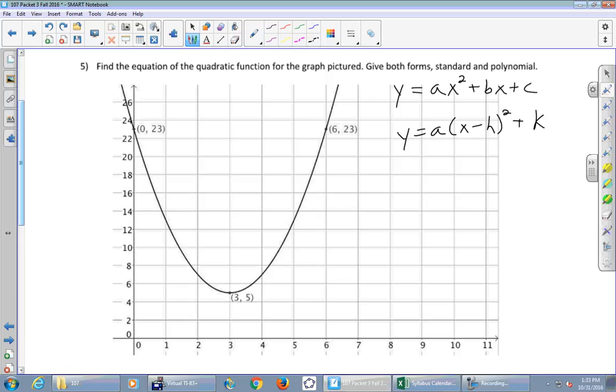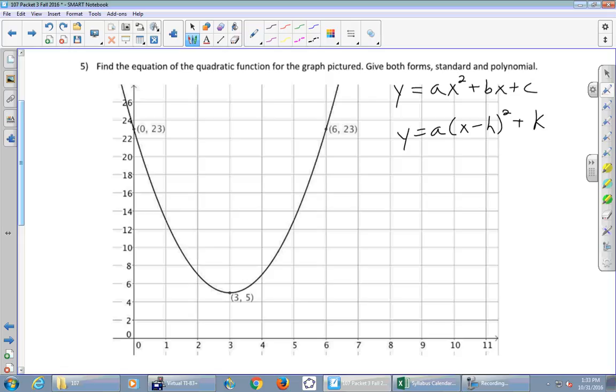So the up 5 makes the a positive? Yeah, the parabola opening upward means that a is positive. But I can't look at this right now and say, oh, a is positive 2 or a is positive 3.6, right? So it's hard to look at a graph and decide what a is.